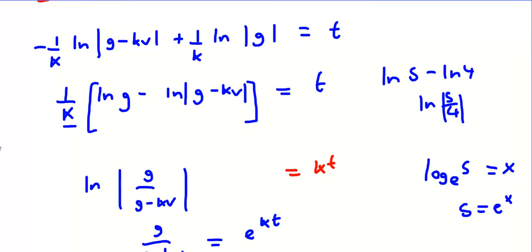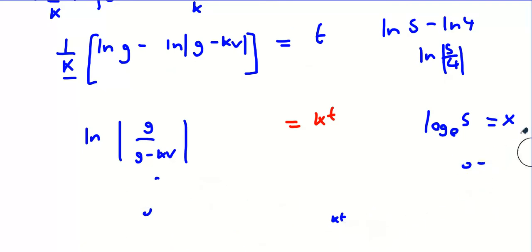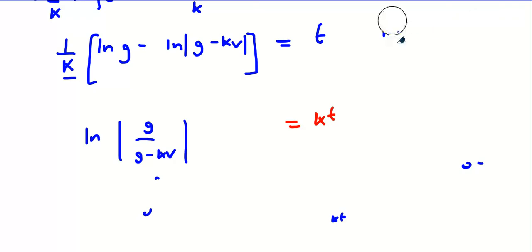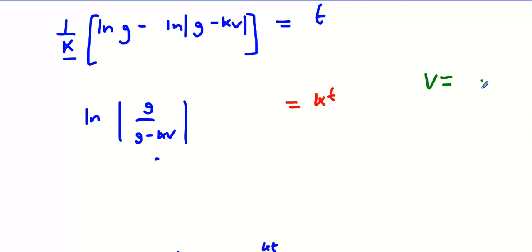So I'm actually going to stop us at this part of the equation. And what we know about this is that v actually equals g over 2k. So this is going to be interesting for us to see how this works.